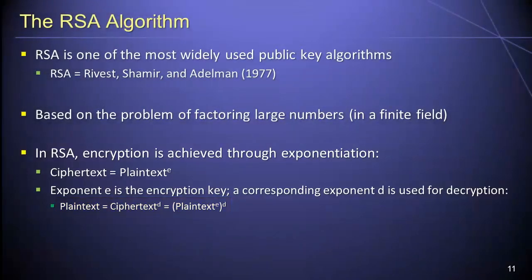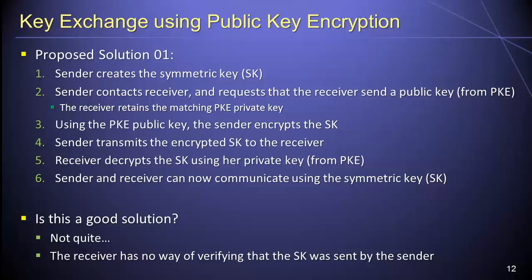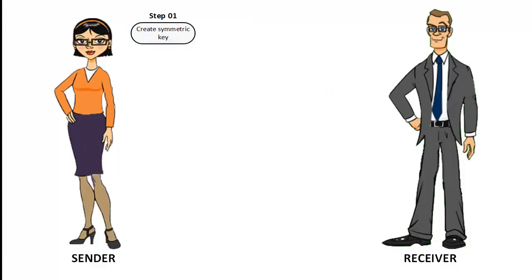How can public key encryption be used to solve the key exchange problem so that two parties can establish a secure communications channel which relies upon symmetric key encryption? Let's consider two proposed solutions to this problem. In the first proposed solution, the key exchange process begins with the sender creating the symmetric key. Next, the sender contacts the receiver and requests that the receiver send his public key over the unsecure network.